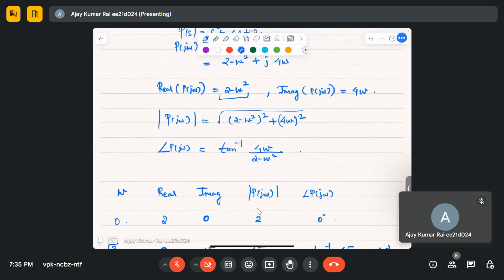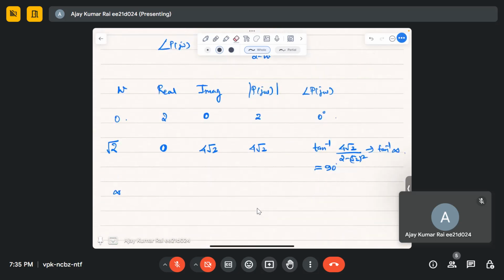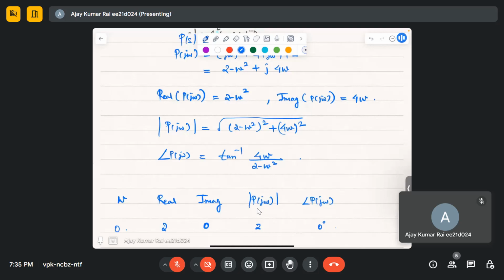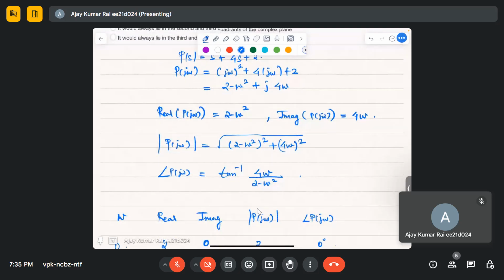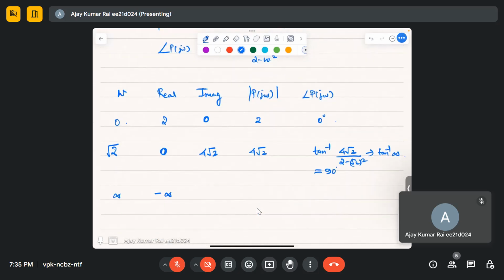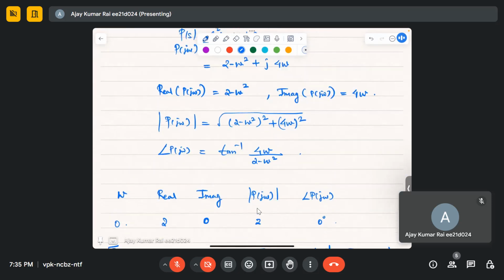We are putting omega equal to infinity, so it will be minus infinity. And what about the imaginary part? Same, 4 into omega. This is plus infinity, right? Magnitude is infinity.